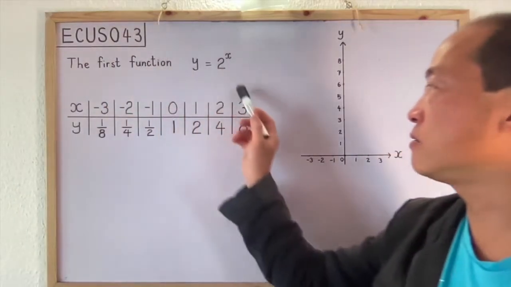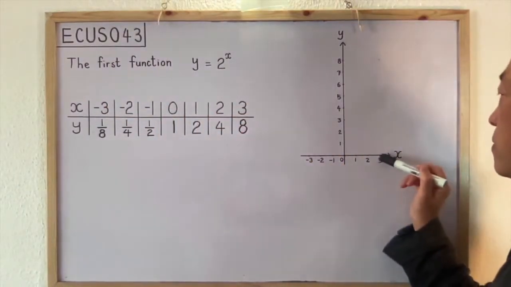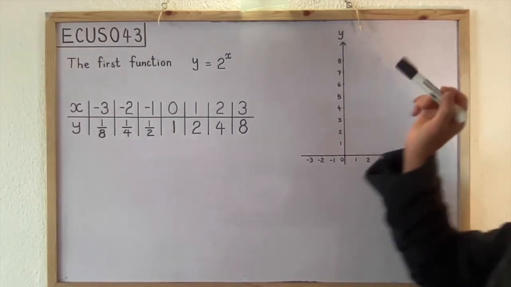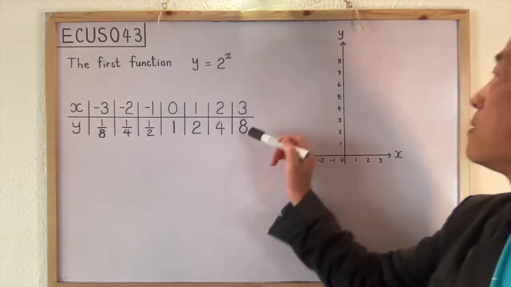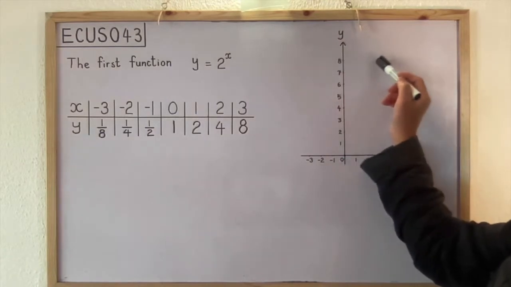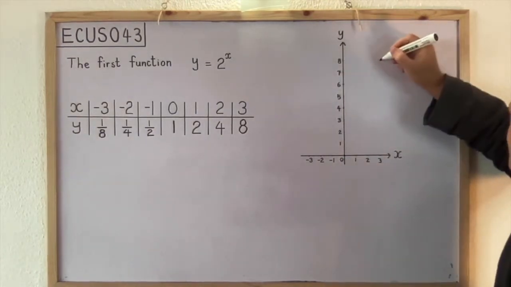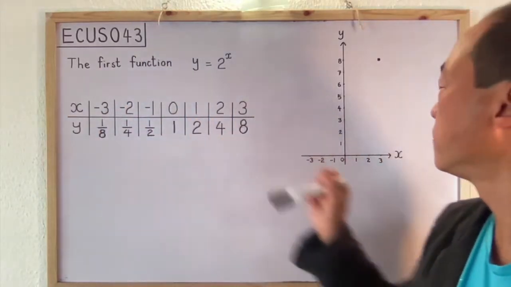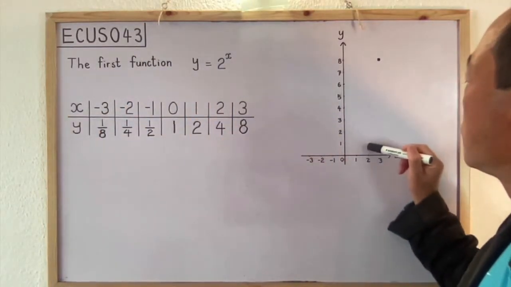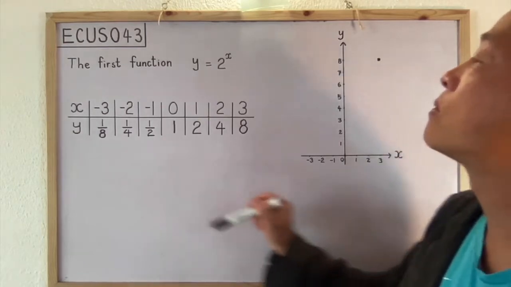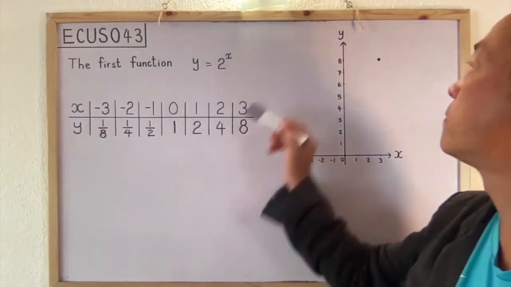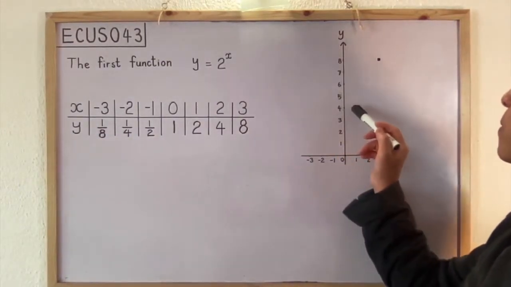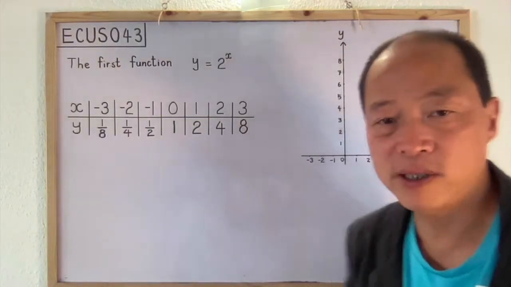When x is 3, y is 8. We have this point. When x is 2, y is 4. We have this point.